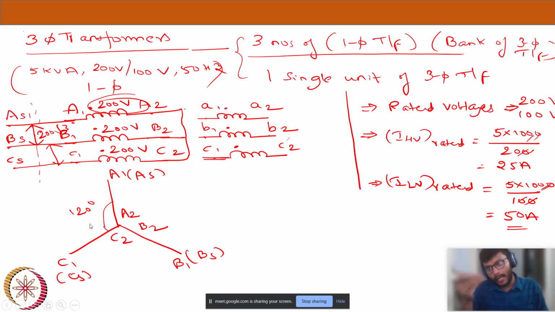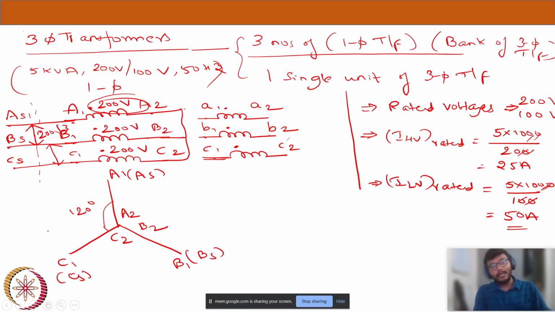Since we shorted A2, B2, C2, we are forcing those three points to be at the same potential. So it is a three-phase balanced system, 120 degrees apart.